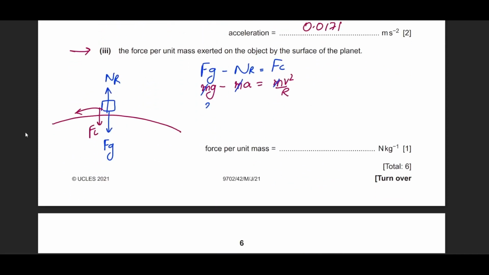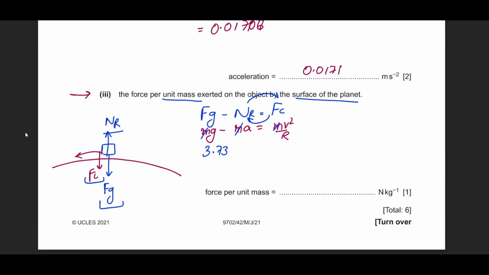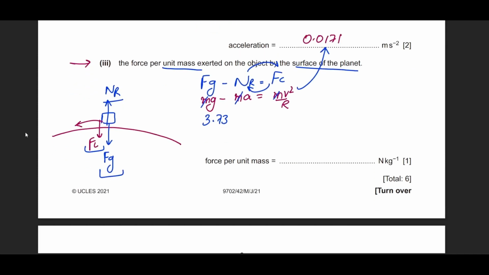So 3.73. And since we're supposed to find the force per unit mass on the surface of the planet, we're going to take the normal reaction onto this side and bring this over to the other side. What does the planet have to provide in order to act against the weight while the centripetal force exists? So let's bring the centripetal force over here. The answer of v square over r was already found as 0.0171. So this, while coming on this side, will become negative.